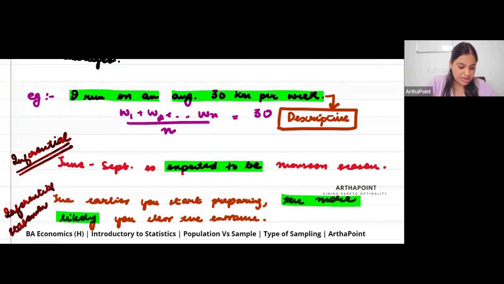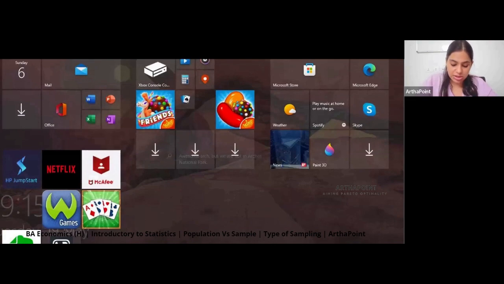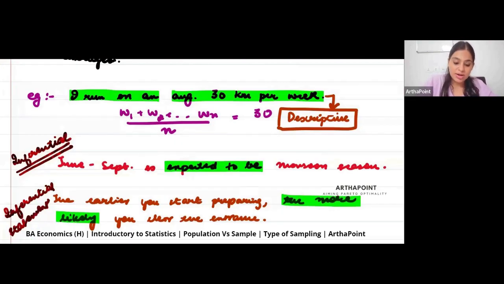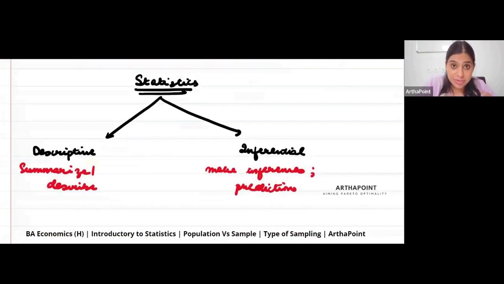So please understand that statistics can be divided in 2 parts. One becomes your descriptive, where you're just telling some numbers through sentences. The other becomes inferential, where you infer something, you explain something.